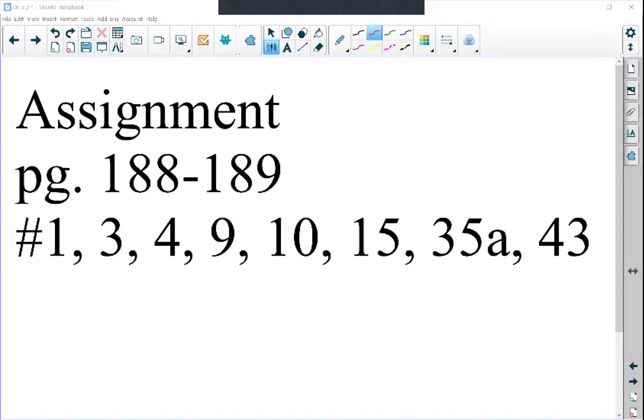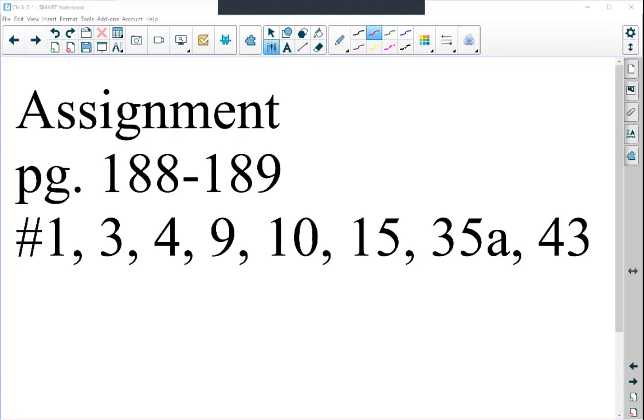And it's going to ask you to use the product rule and then multiply it out and take the derivative and show that you get the same answer either way. The rest of them are pretty straightforward. Product rule, and at the end we've got find the equation of a tangent line, your favorite type of problem.